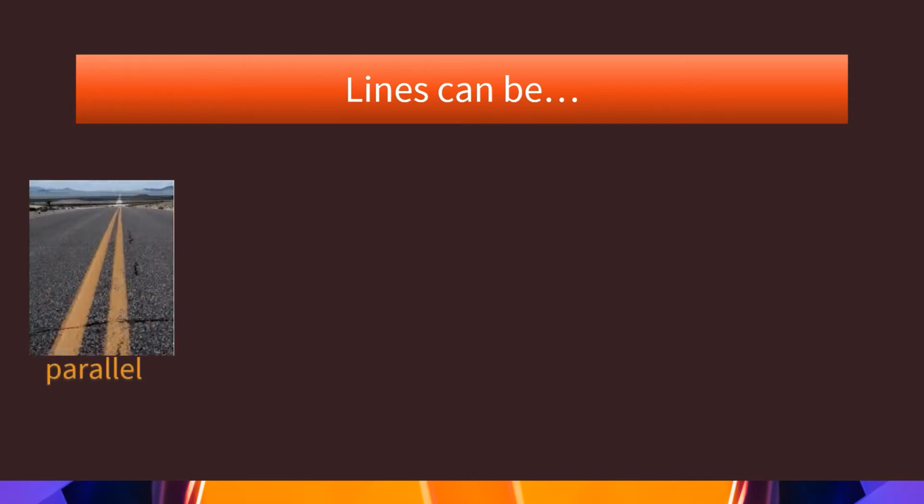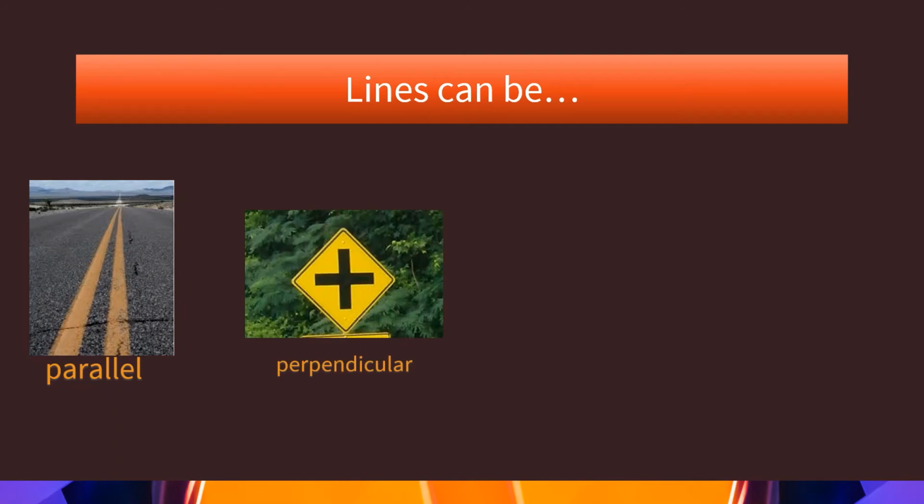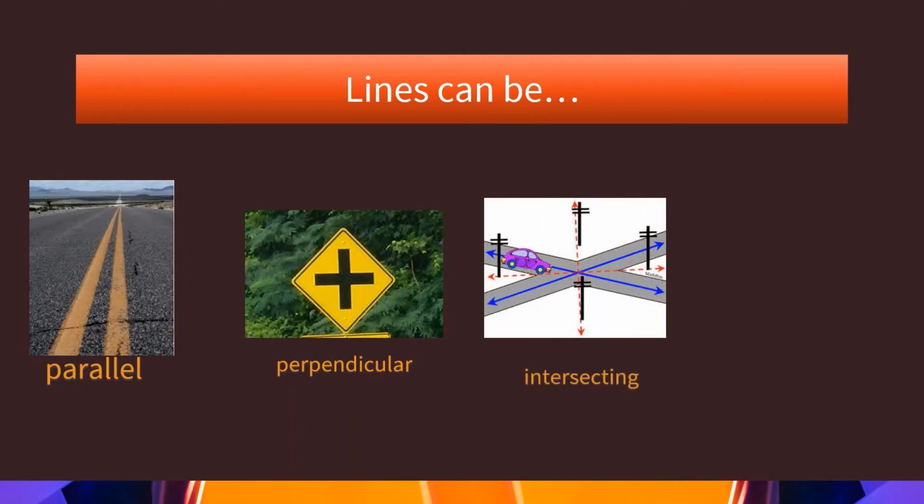Lines can be parallel. Parallel lines are on the same plane but do not cross or do not intersect. It can also be perpendicular. Perpendicular lines are on the same plane and cross at a 90-degree angle. Then we have intersecting.